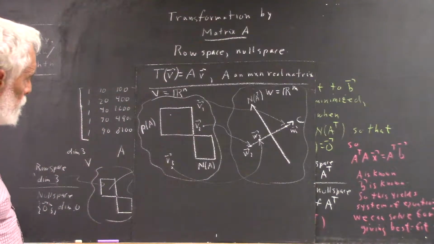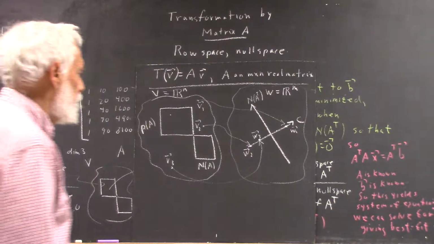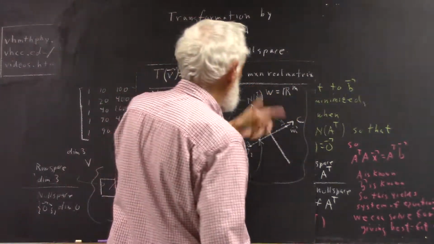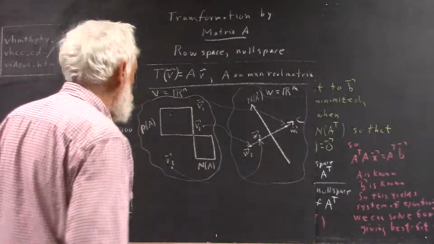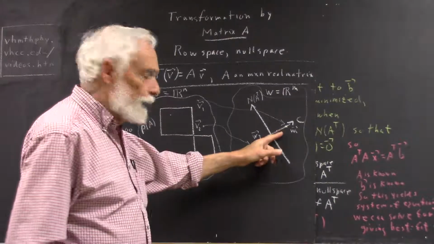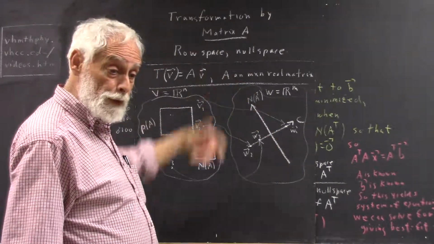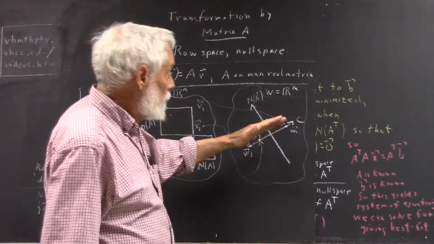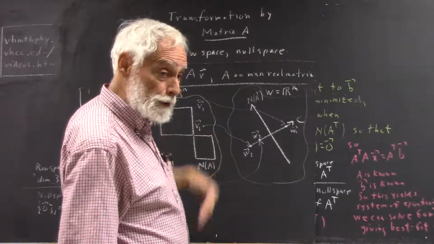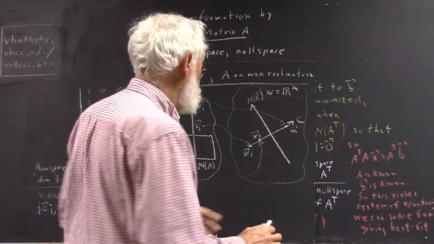Now let's suppose that there's some vector B over here in the space W. That vector is not in the column space, but it's not in the null space of A transpose either. It's a sum of some vector in the column space and some vector in the null space, and it's a unique sum because this is a direct sum.